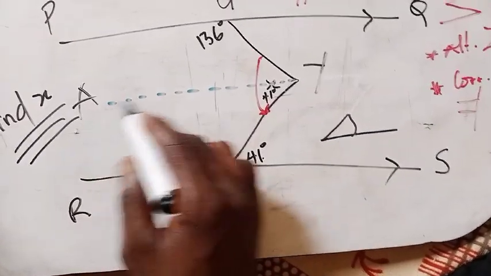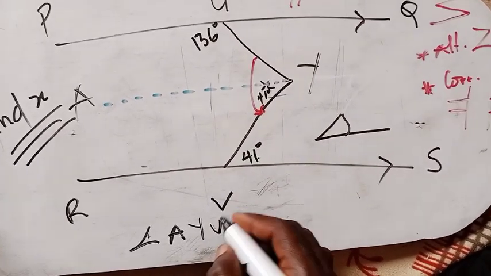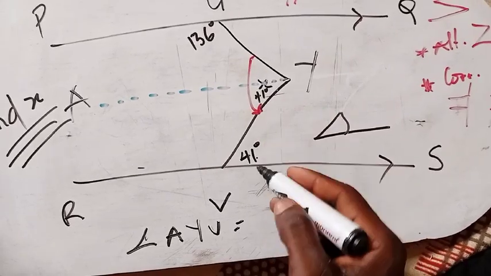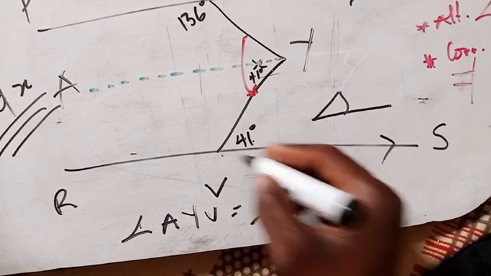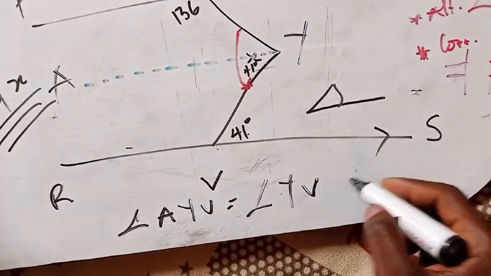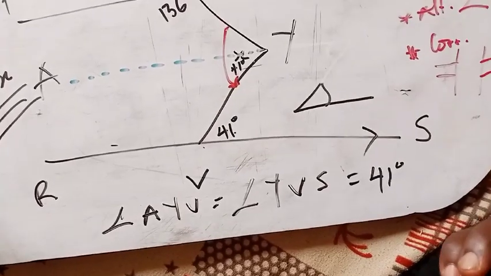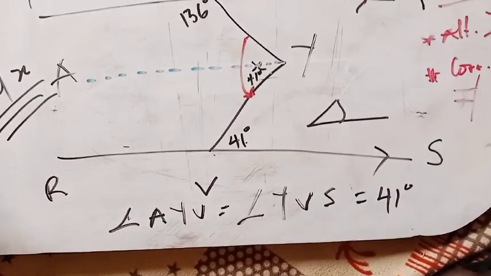So angle AYV, that is going to be equal to angle YVx, that is equal to 41 degrees by the properties of alternate angles, right? Is that okay? That's just straightforward.